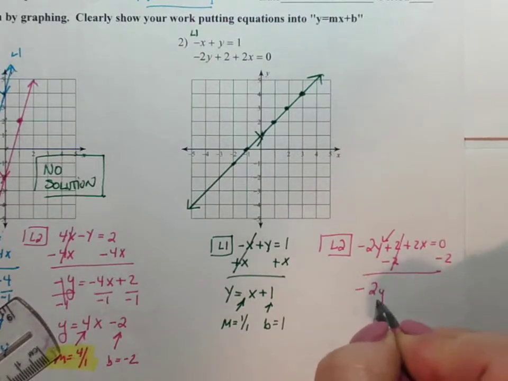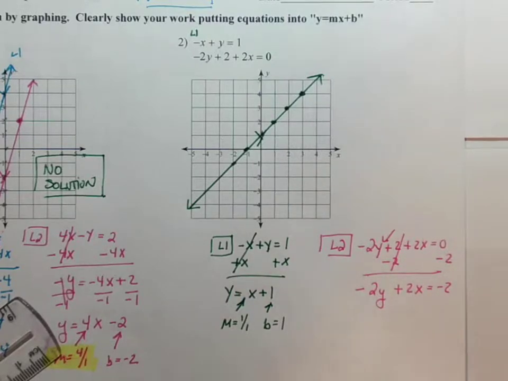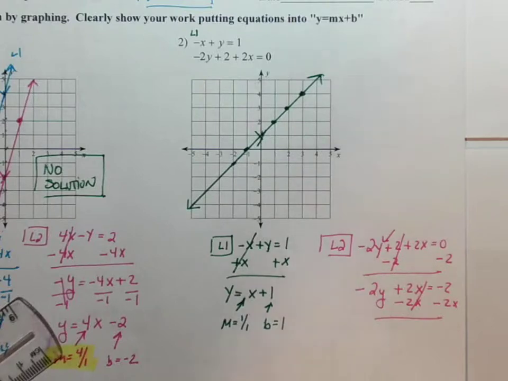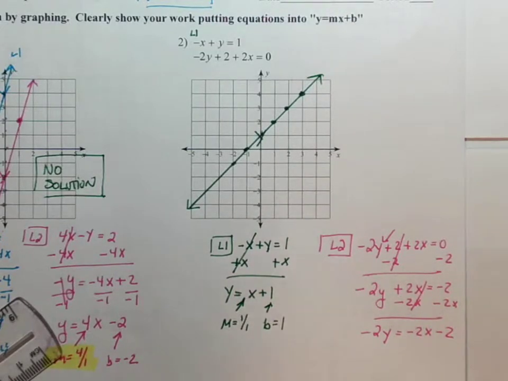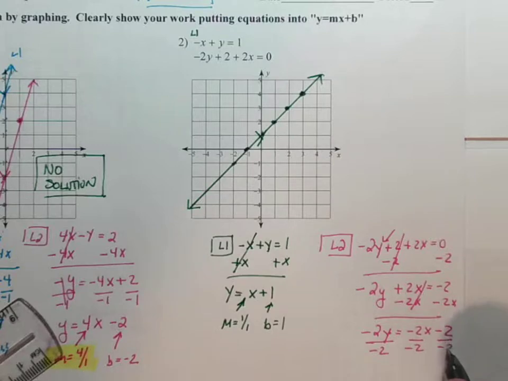I'm going to get -2y plus 2x equals -2. Now I'm going to subtract 2x from both sides. We get -2y equals -2x minus 2. And we got to get y by itself, so we divide everything by -2. And we get y equals x plus 2.